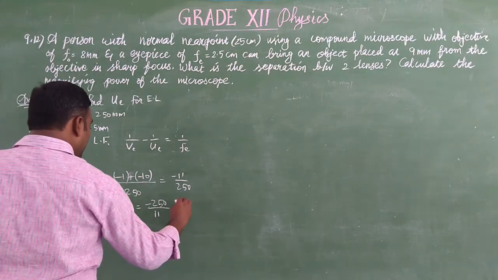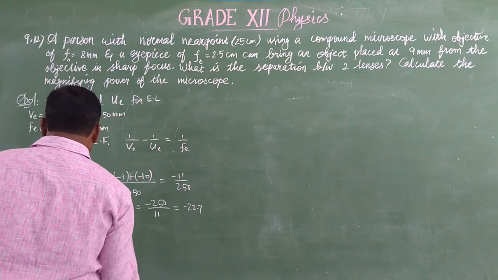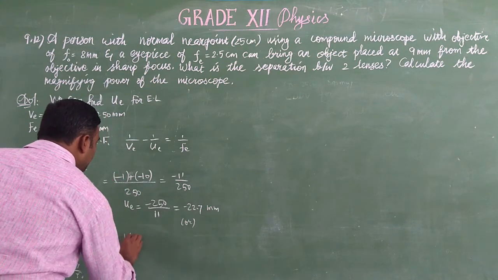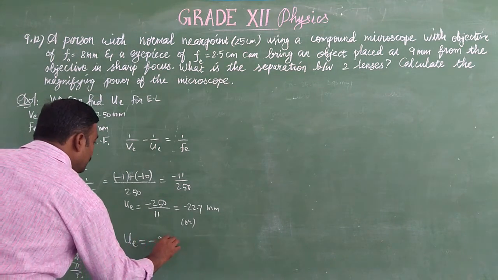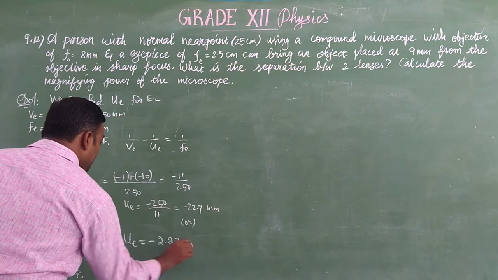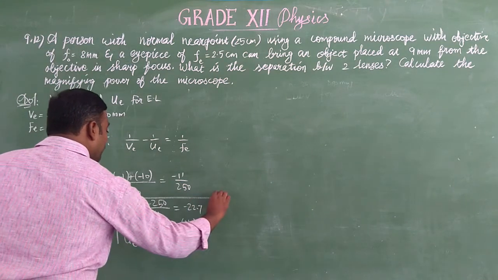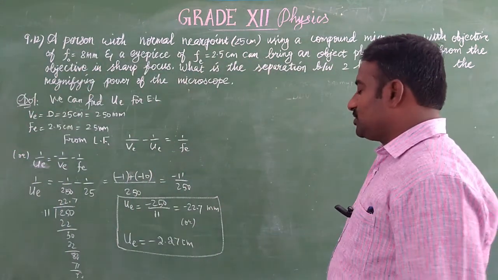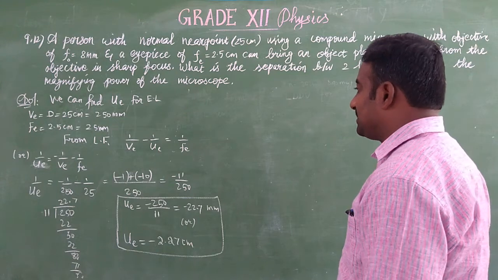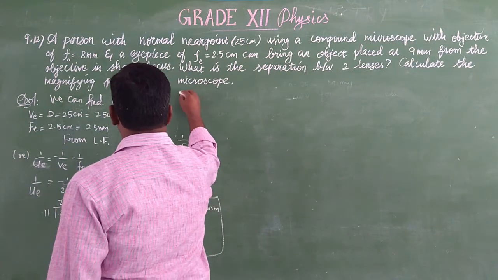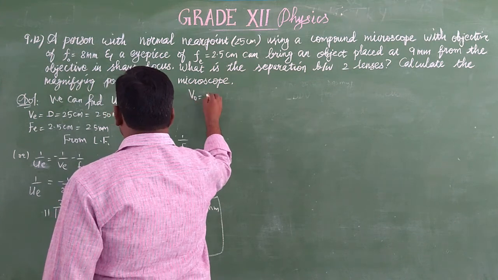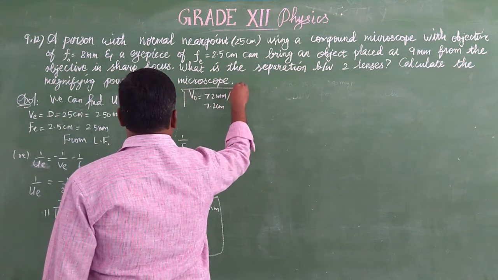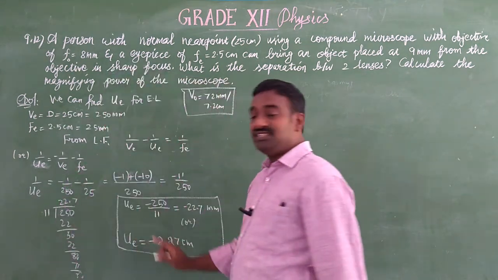So we got the value, minus 22.7 millimeter, or the object distance of the eye lens is minus 2.27 centimeter. So we found the object distance of the eye lens. In the previous case we found the image distance, that is 72 millimeter or 7.2 centimeter.